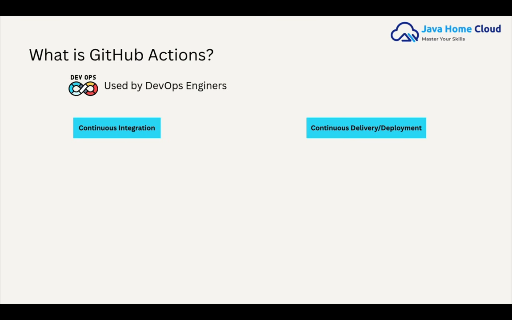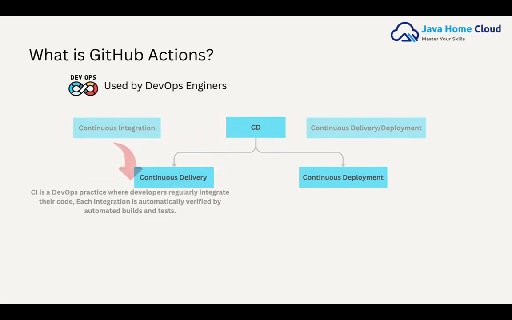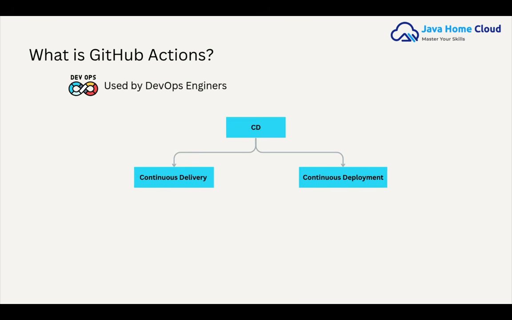It stands for Continuous Integration. It is a DevOps practice where developers regularly merge their code changes into a shared repository, usually several times a day. Each integration is automatically verified by automated builds and tests. And what is CD? CD refers to either continuous delivery or continuous deployment.